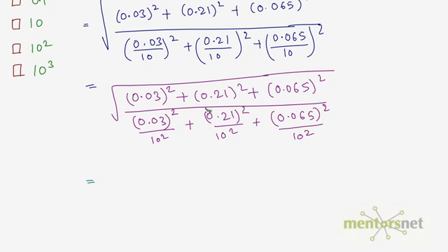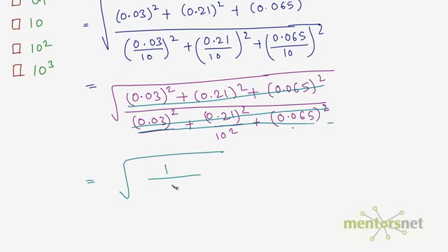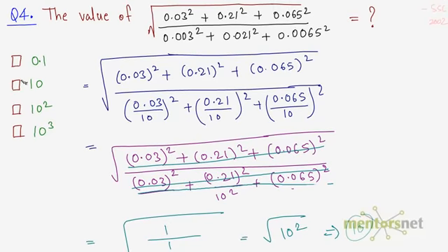The 10 square is common to all the terms in the denominator, so you can write the denominator like this. You can have only one 10 square. So there it is. The numerator and the denominator have common terms and you can cancel them. So this gets cancelled out and this gets cancelled out. What remains is under root of 1 by 1 by 10 square. This 10 square can go up, so it is equal to under root of 10 square, and under root of 10 square is nothing but 10. So the answer is 10, and I hope that is the right option.